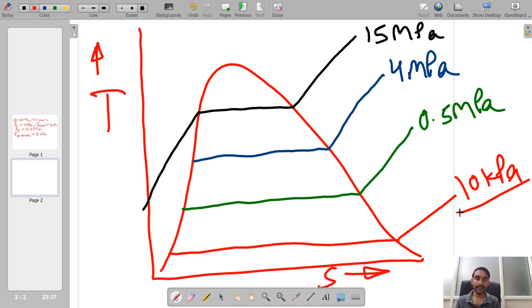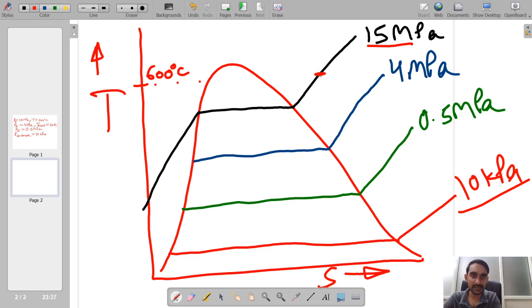Now if you see, our highest pressure and temperature: pressure was 15 megapascal and temperature was, say this is our highest temperature of 600 degrees Celsius. Okay, so this is our highest temperature.